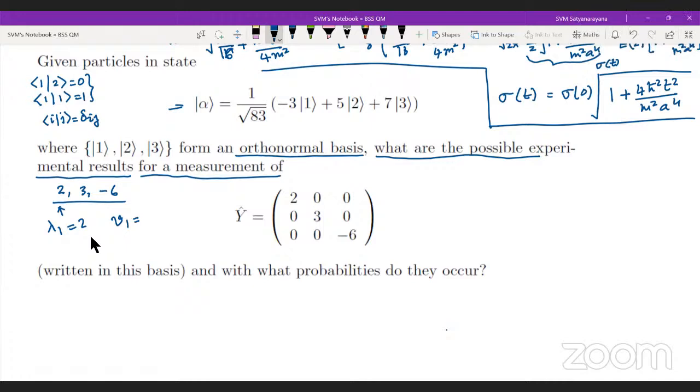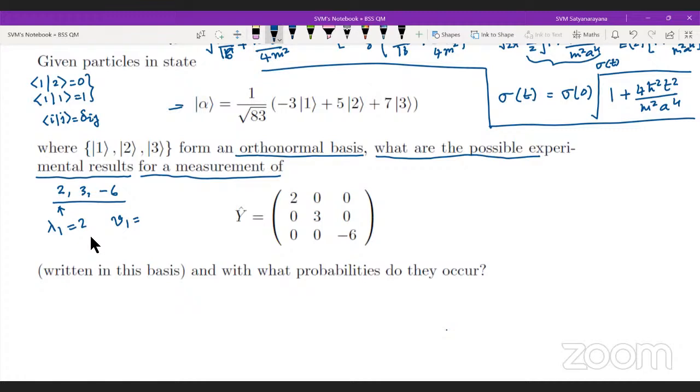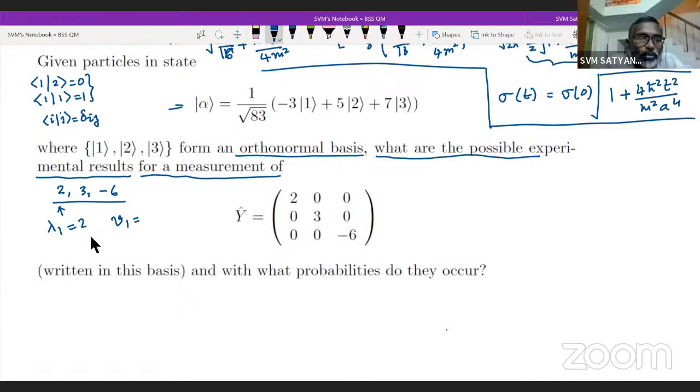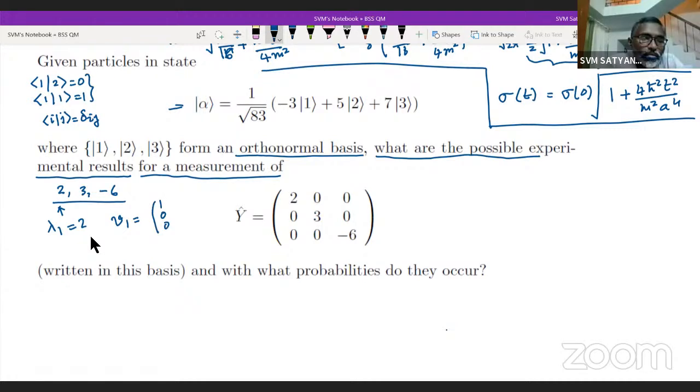We can take the matrix and solve the equation. Again, do you need to solve? Stare at the matrix. Isn't it obvious? It's just 1, 0, 0.